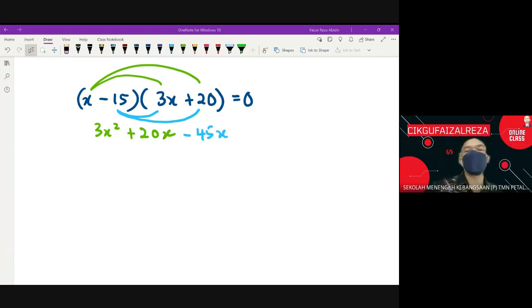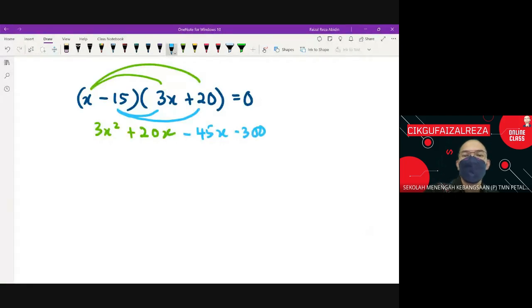Clear. Number 3, right? So, negative 15 times 20. You are going to get negative 300. Am I right? Yes, negative 300, this one. So if you look over here, this one we are going to rewrite back.